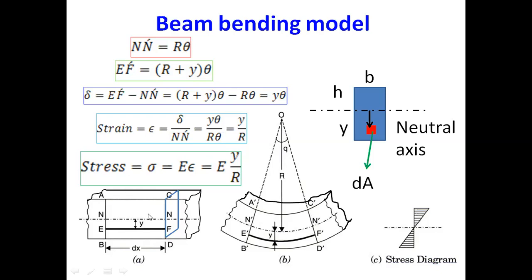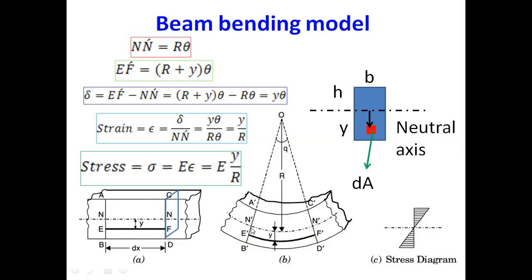Now, to find the length of the arc n dash n, we would use the equation S is equal to r theta. The radius of curvature is r, and the angle is theta. So n dash n is equal to r theta.